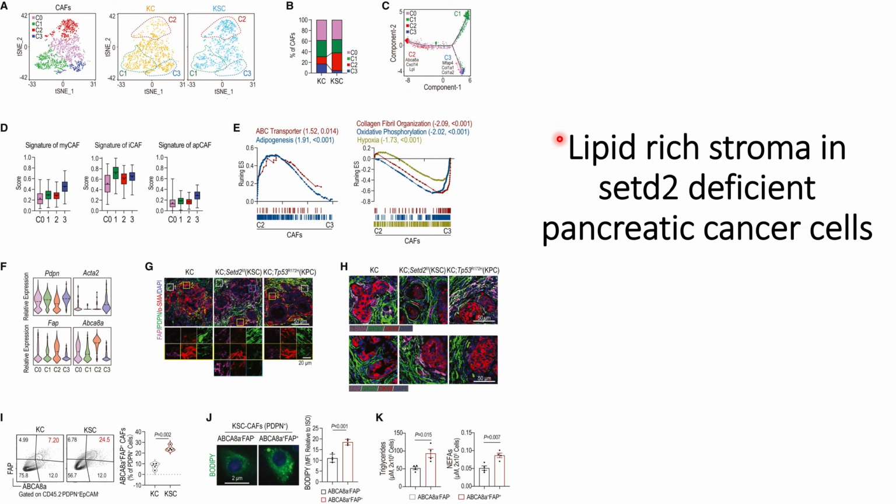In this video, we will discuss how this lipid-rich environment in the SETD2-deficient pancreatic cancer cell occurs, or what is the main cause of this lipid-rich stroma in SETD2-deficient pancreatic cancer cells. In order to find out the main cause, they again clustered the cancer-associated fibroblasts.